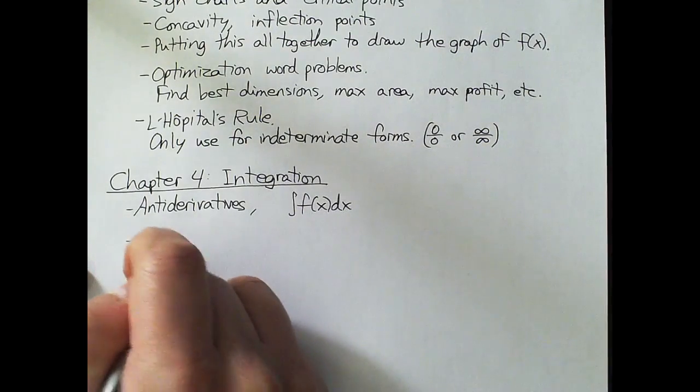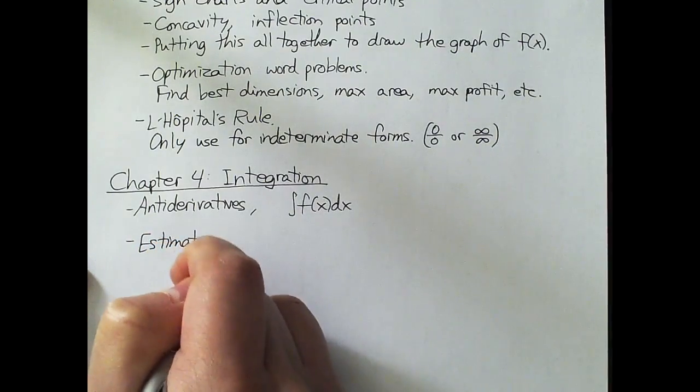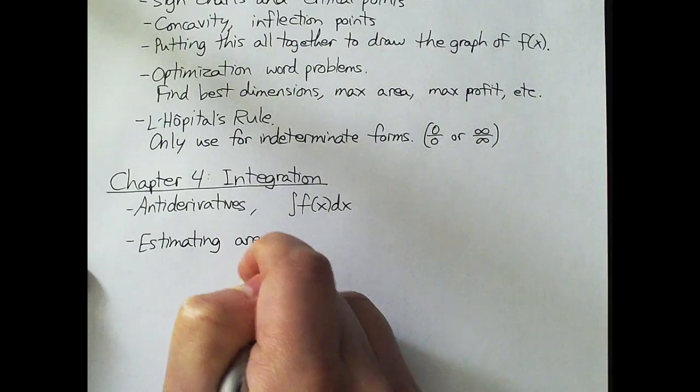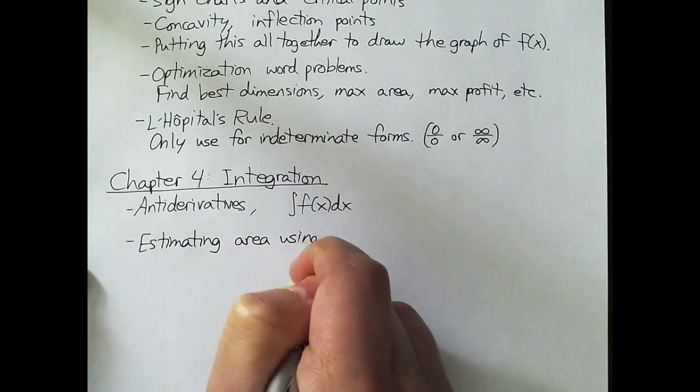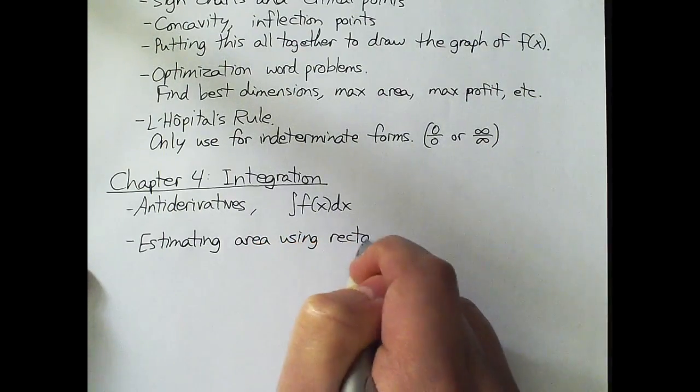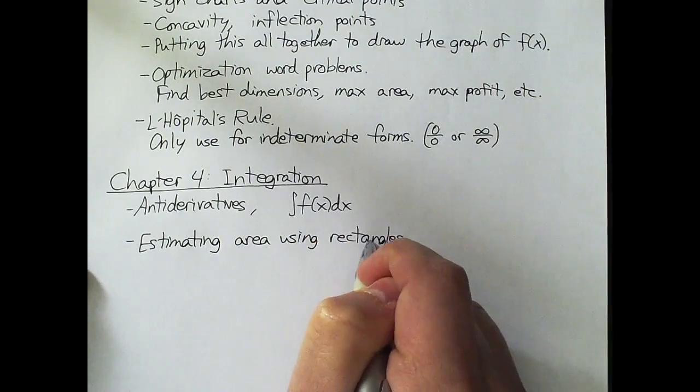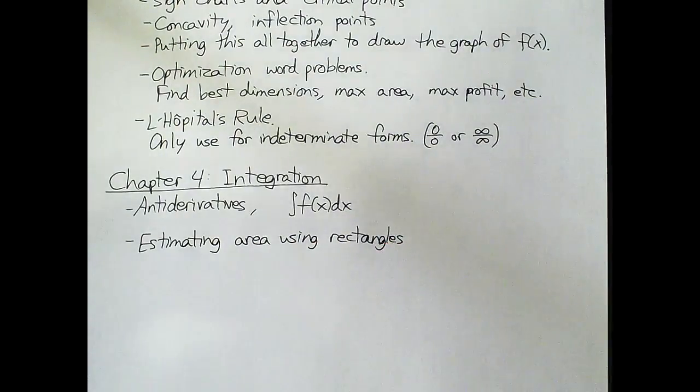We talked about estimating area using rectangles. And we tend to do problems that are maybe like 4 rectangles or 6 rectangles, maybe 8 at the most. And the functions tend to be relatively simple.